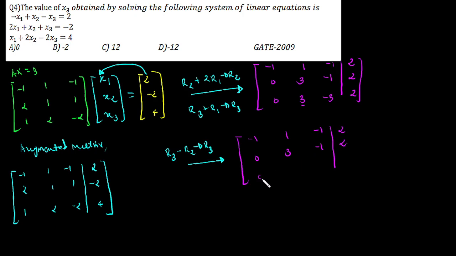Here this entry is already 0 and here again I am getting 0, and here let's multiply this entry by minus, so it will be plus 1 and add it to minus 2. And let's multiply this by minus and add it to 2. So again here 0.